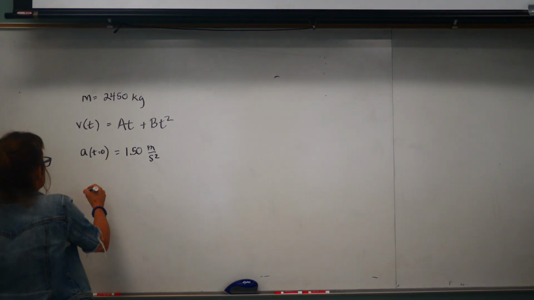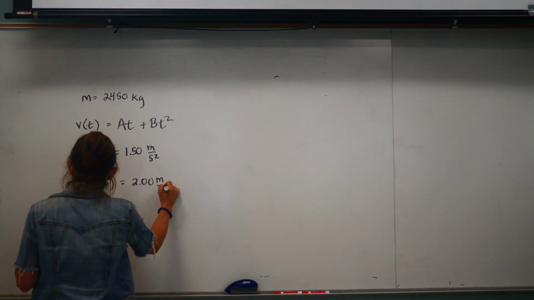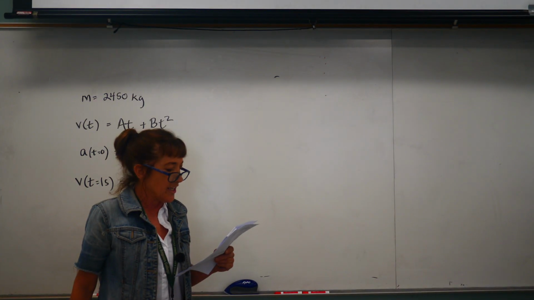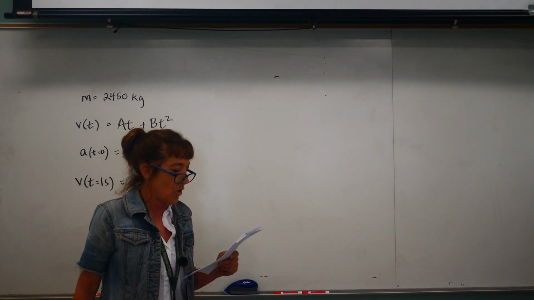And at the instant of ignition, and 1 second later, an upward velocity of 2.0 meters per second. So v at t equals 1 second equals 2.00 meters per second. Determine A and B, including their SI units. At 4 seconds after fuel ignition, what is the acceleration of the rocket?